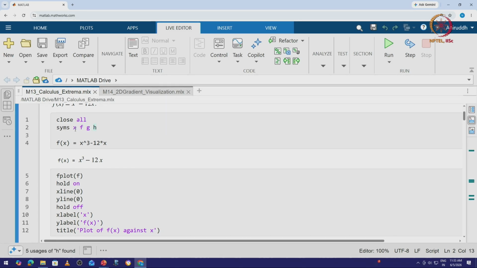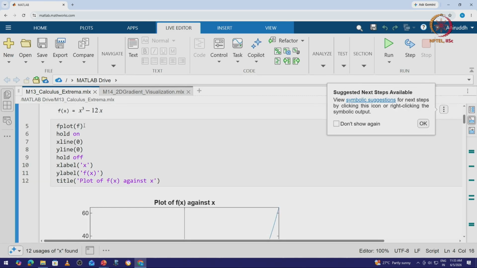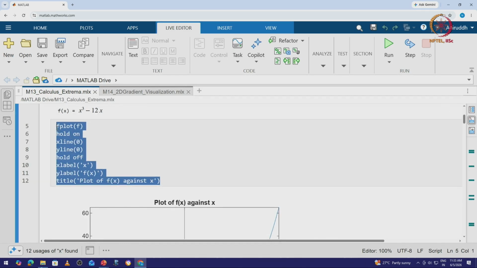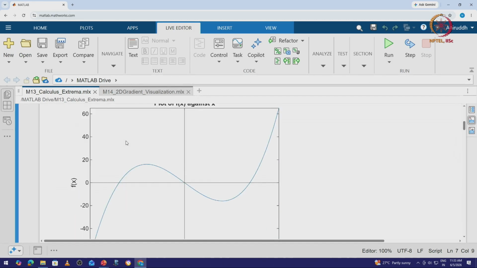In this case it is x, f, g, and h because we will be using them later. Now we can use fplot to plot the curve. Again, we will not take a deep dive into the syntax; we will focus more on the interpretation of the math functions.